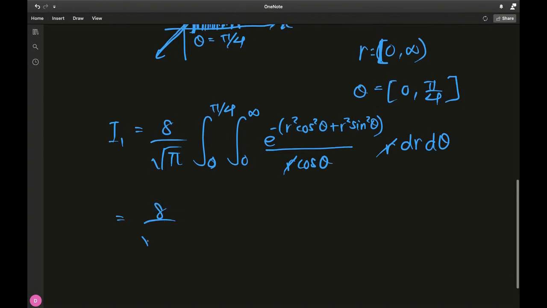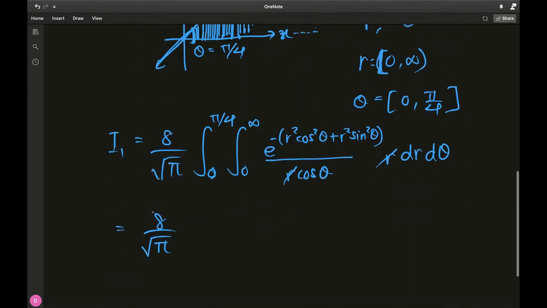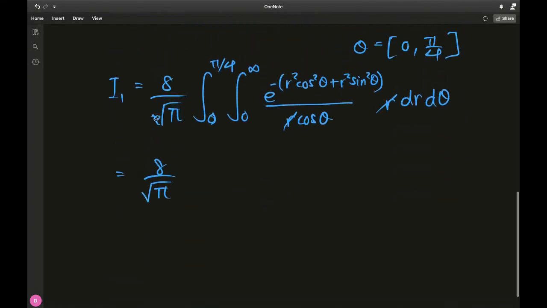We have 8 over square root of, well, it's not square root of pi, I'm sorry, it's just regular pi. So 8 over pi times the integral from 0 to pi over 4, integral from 0 to infinity.